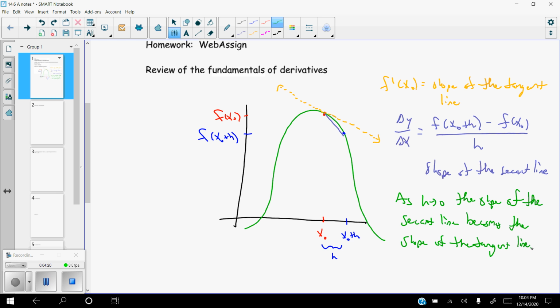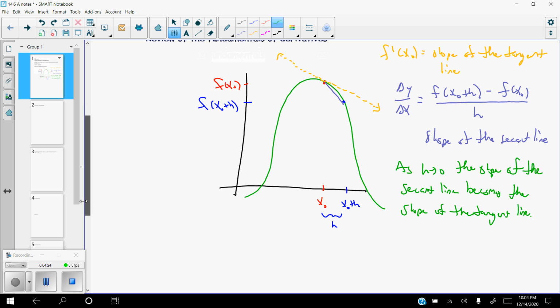And again, none of that should be anything that you don't remember. So what we do is we define that f prime of x sub 0 to be the limit as h approaches 0 of f of x sub 0 plus h minus f of x sub 0, all divided by h. So that was the definition of a derivative in 2 dimensions.